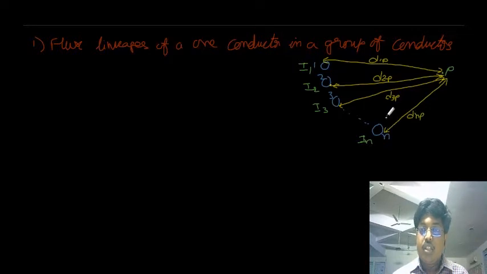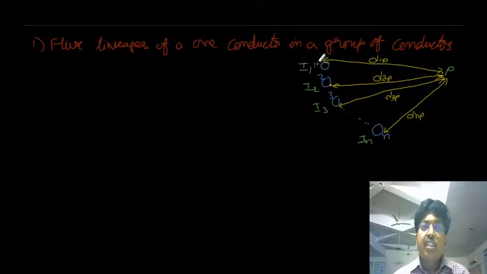These are the distances from each conductor to the remote point P. Now we need to calculate the flux linkages of one conductor. Suppose I need to calculate the flux linkages of conductor 1.